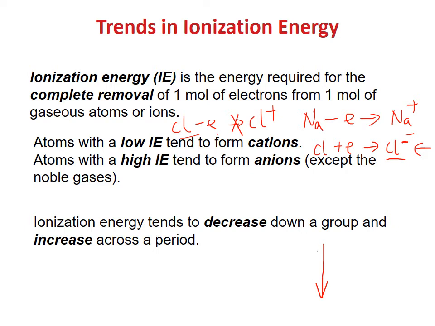Now across a period, we know the size becomes smaller. When the size becomes smaller, the electrons are more attracted to the nucleus, so it takes more energy to remove them, and therefore the ionization energy increases across a period. So across the period from left to right, it goes from metal to non-metal, the ionization energy increases and the atomic size decreases.